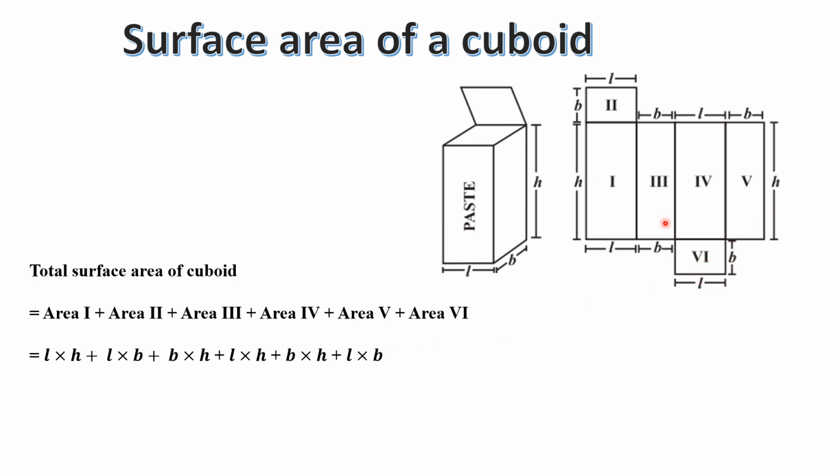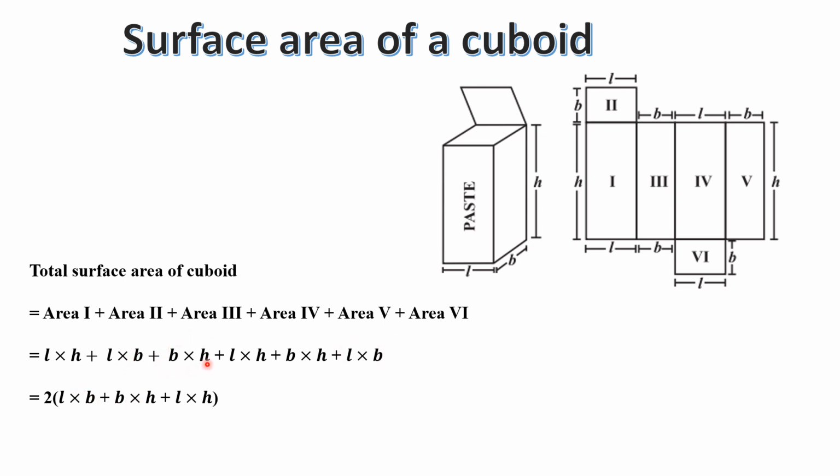So let's write it. And you can see here that the area of first and fourth is the same, right? That's why both are length into height. Same way, the area of second and sixth is the same, so both are length into breadth, and the area of third and fifth is also the same. So from here you are getting 2 times length into breadth plus breadth into height plus length into height, isn't it? Length into breadth is here also, here also, so it is 2 times.